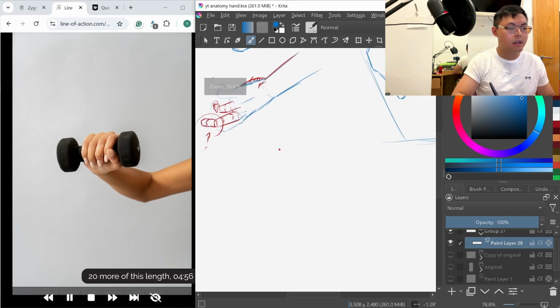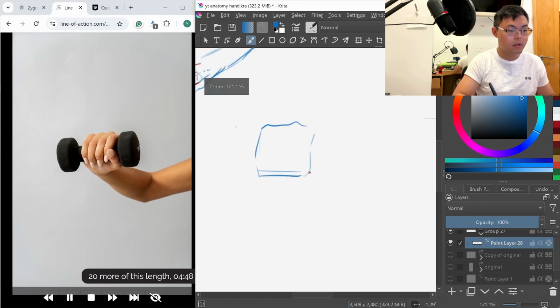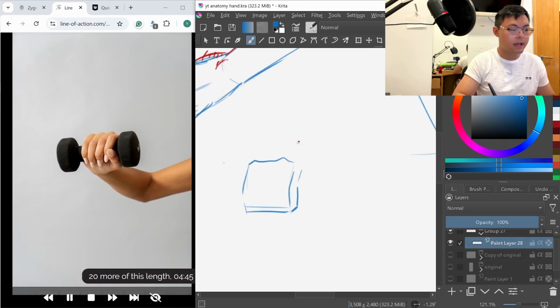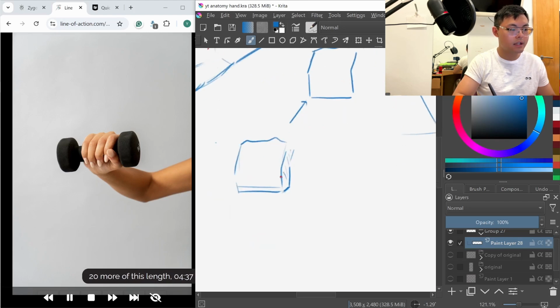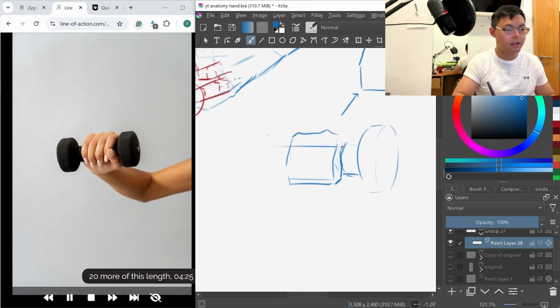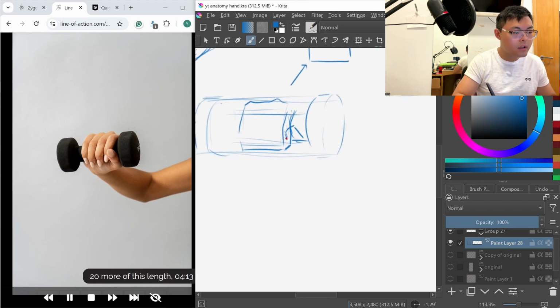Like this. So this will be 1, 2, 3, 4. Instead of just drawing like that, draw like this, then you will see the side of the index finger. Like that.